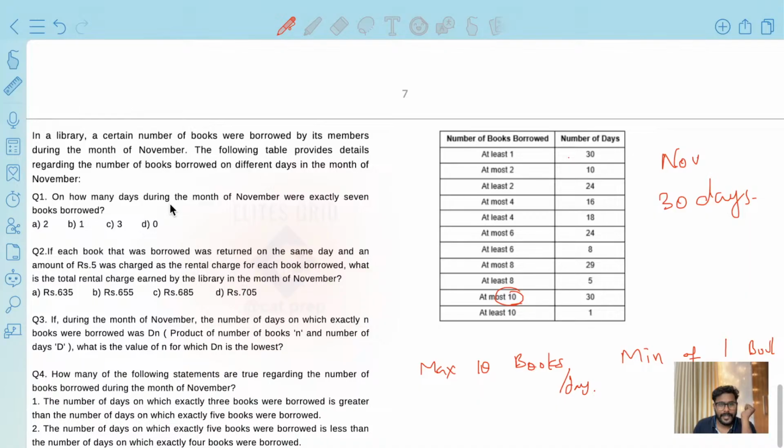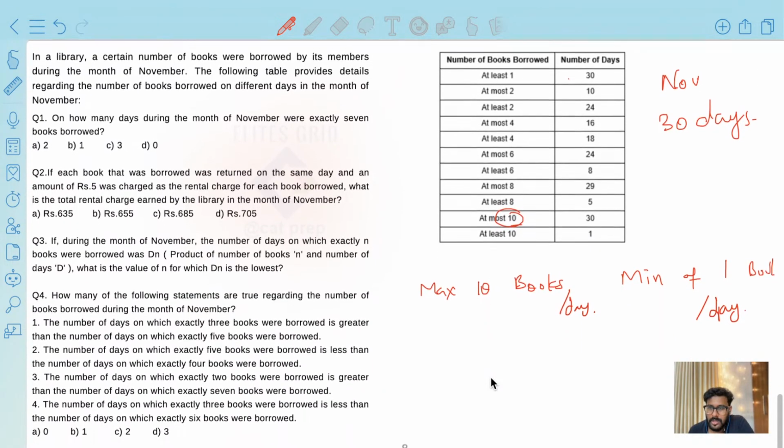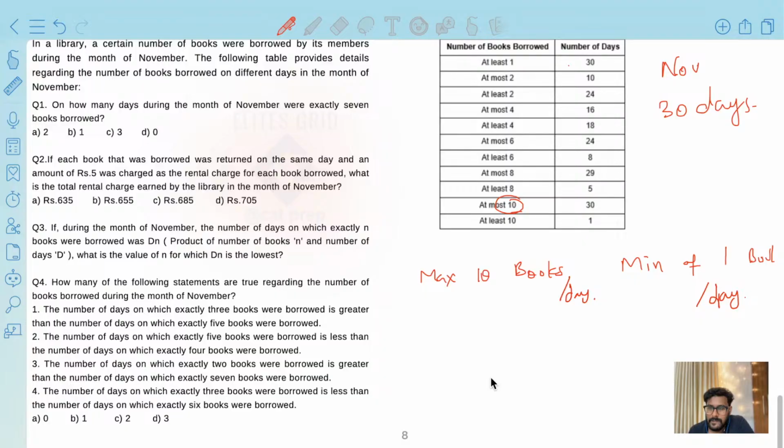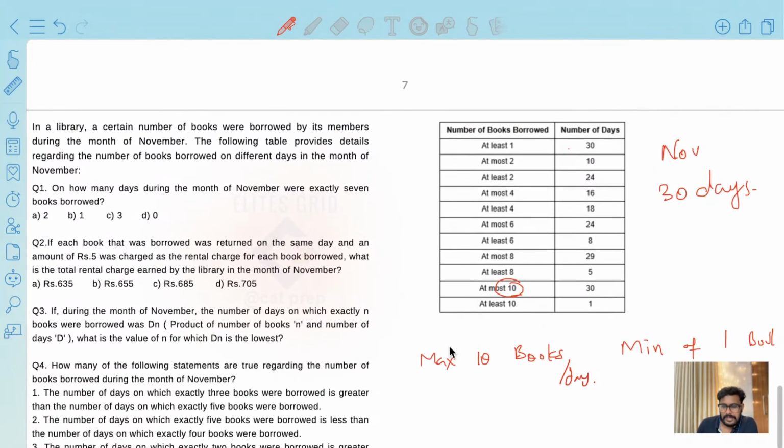On how many days during the month of November were exactly 7 books borrowed? Do we have any data for that? No, we don't. So 7 books. What kind of table will I make for this?